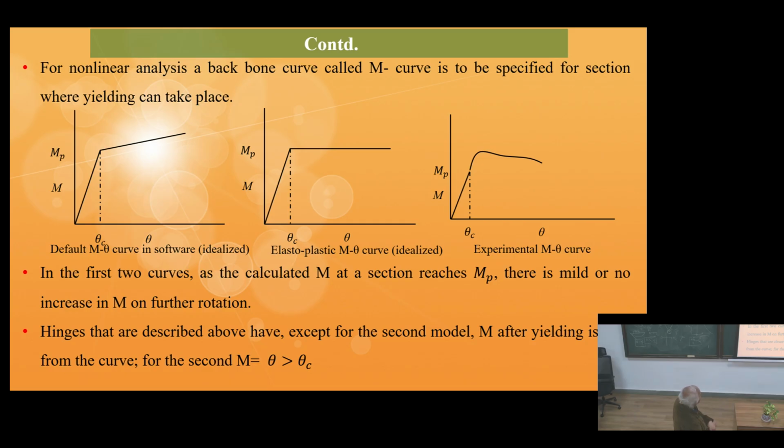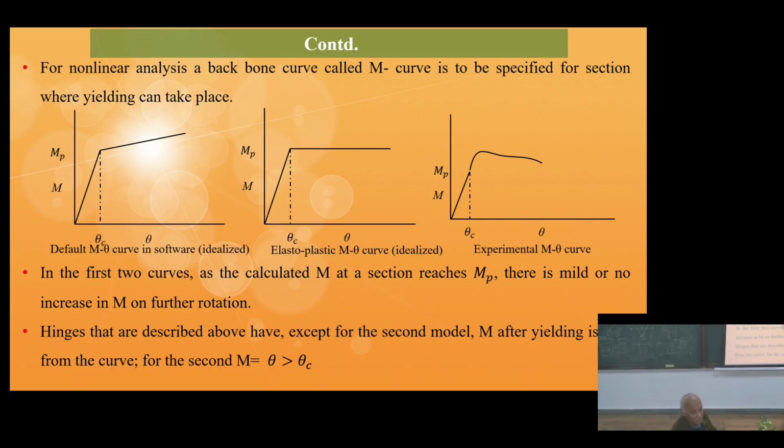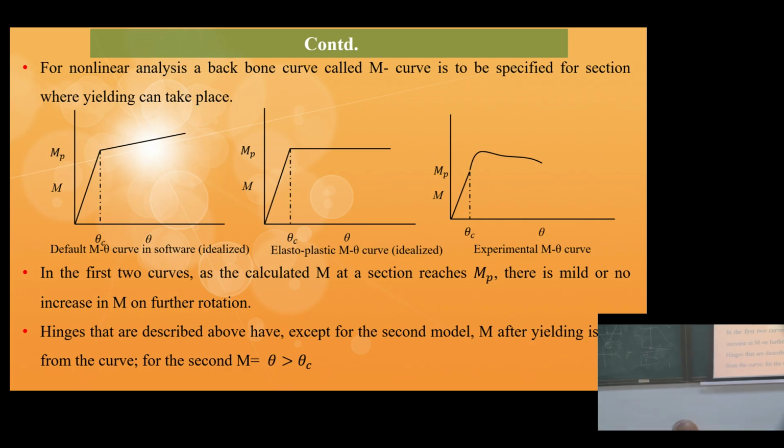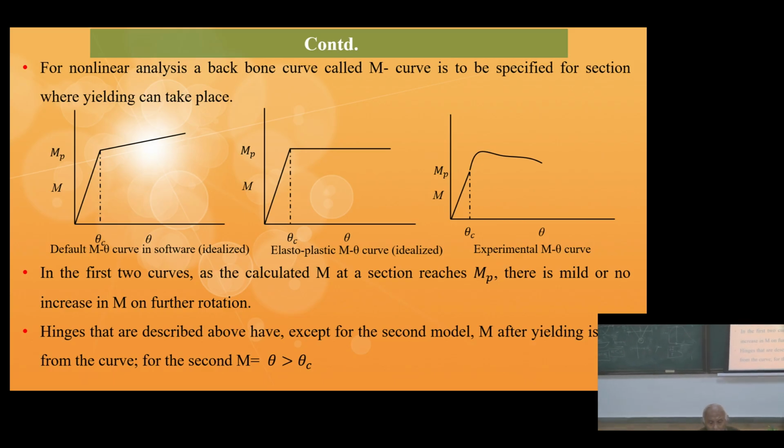This kind of curve is given in the software, and there is a ratio maintained between this slope and this slope, maybe 1:10 or 1:12. That means after the yield moment is reached at a particular cross section, it does not remain at MP, but the moment increases very marginally.